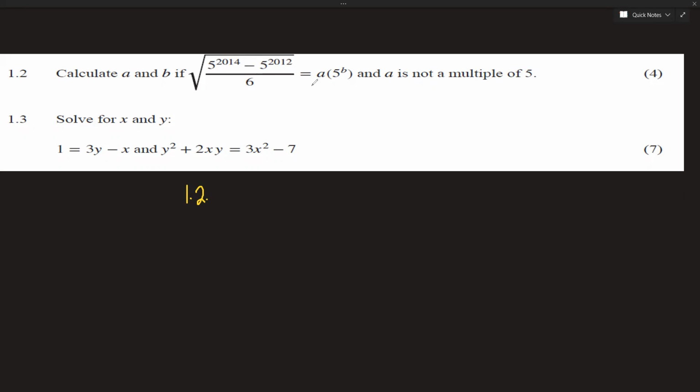And then they want me to calculate the value of A and B, right? And then they are telling me that A is not a multiple of 5. So A cannot be a multiple of 5, right? Perfect. So basically, they're just telling you that you cannot divide A by 5. Does that make sense? Sharp.